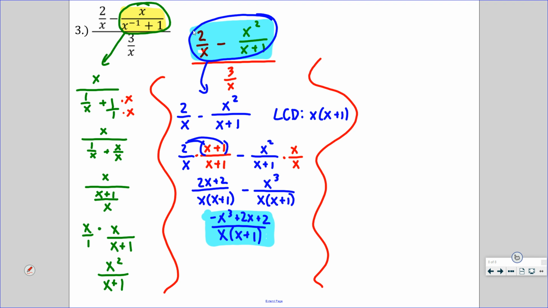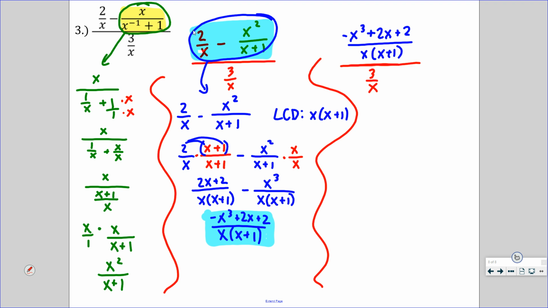So here's what we have. Negative x cubed plus 2x plus 2 all over x times x plus 1. That's being divided by 3 over x.